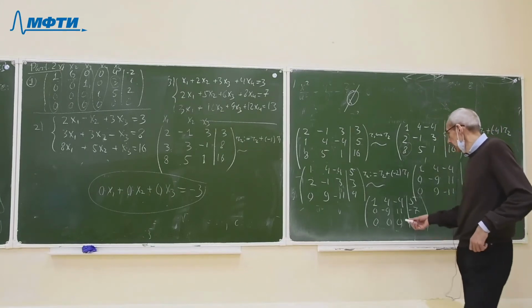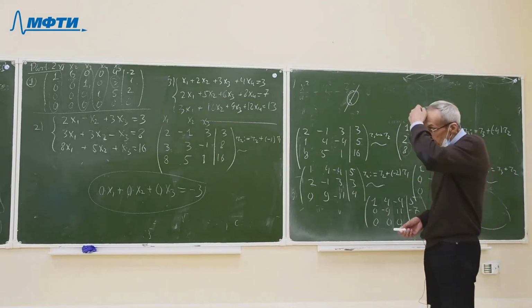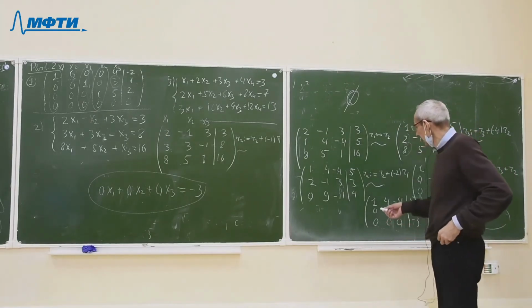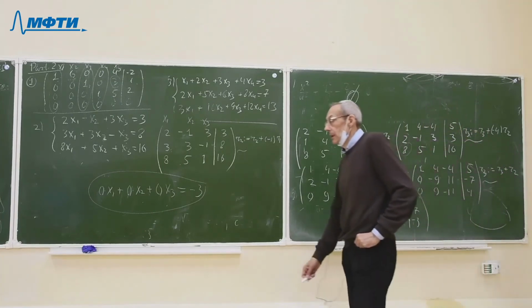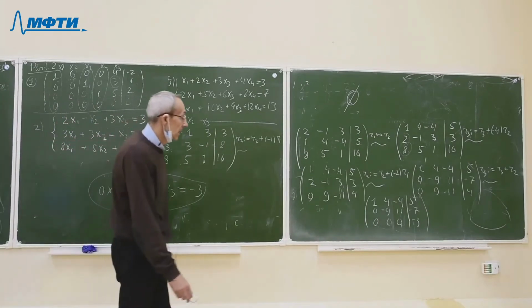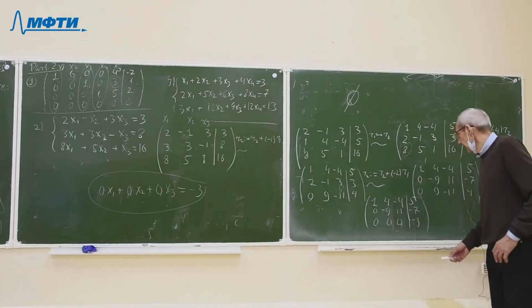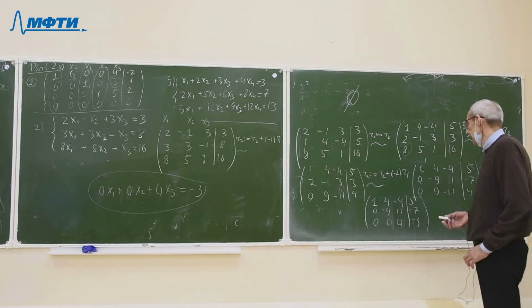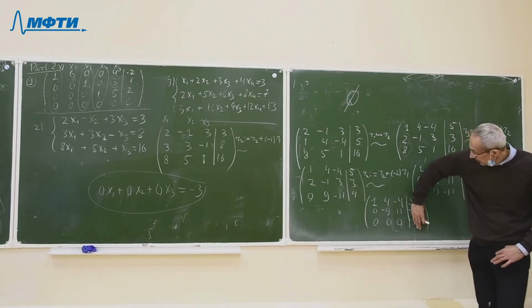And the property of row echelon form is the following: a sufficient condition for the case when the set of solutions is empty is that the number of non-zero rows in the echelon form of the matrix is less than the number of non-zero rows in the augmented matrix.